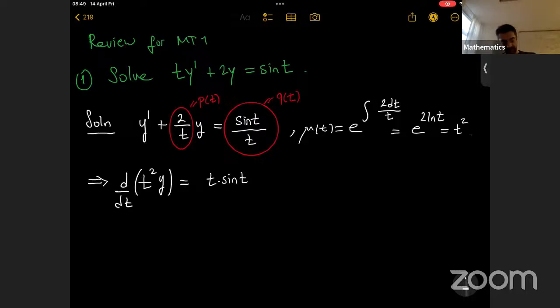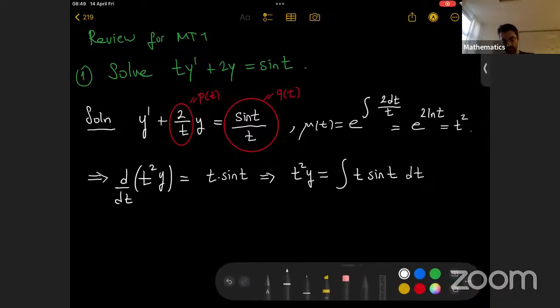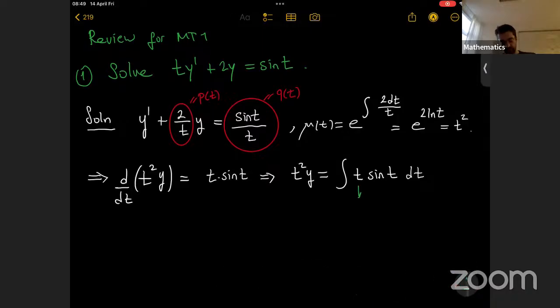Well, this implies t squared y is equal to the integral of t times sine t dt. And to find this integral, we will do integration by parts. Let's say this is u, this is dv.